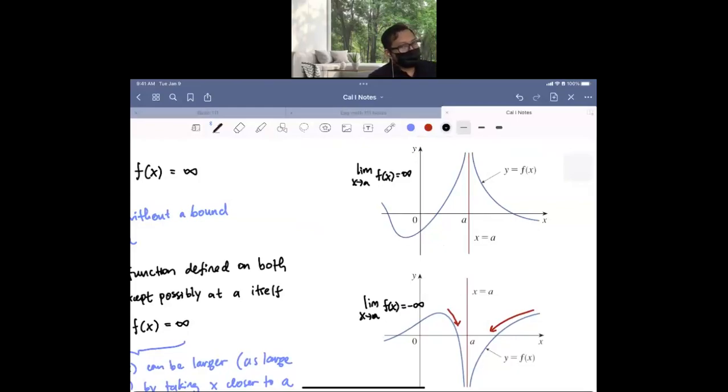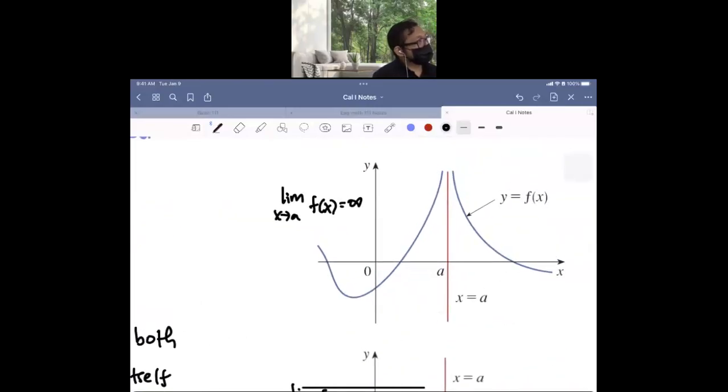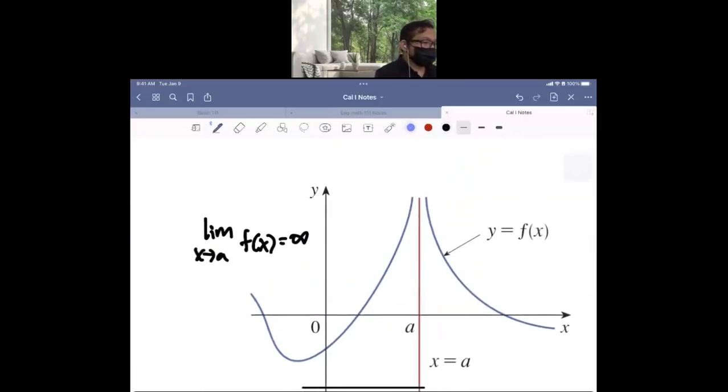So whenever we have this, of course, we also need the one-sided version. We can have maybe only the left side. So maybe we can write this one here, limit as x approaching a from the left.